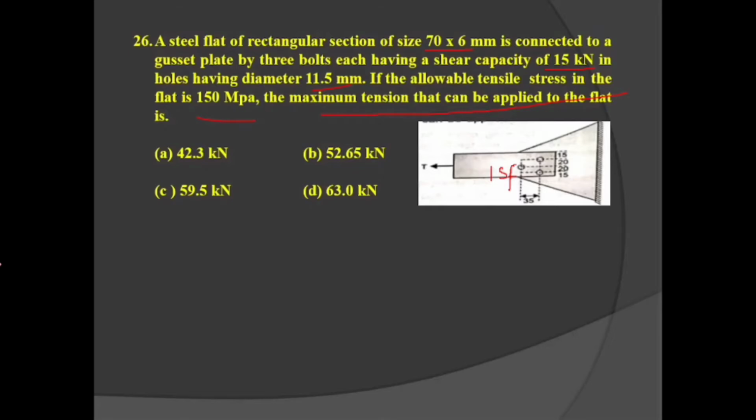Pitch and gauge are given: pitch is equal to 35, and gauge distance G is 20 mm.